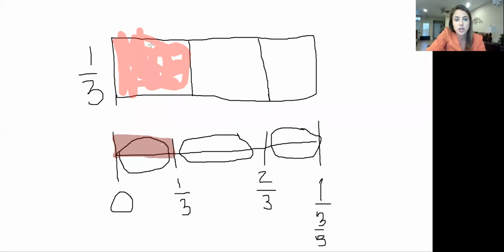So if I took, I'll take black. If I look at this first piece, I notice that it ends at this line right here. And if I look at my label, that's going to give me what? 1/3. And so therefore I put my little mark on it, and I know that that first piece, or that unit fraction, is 1/3, or 1 out of 3 pieces.